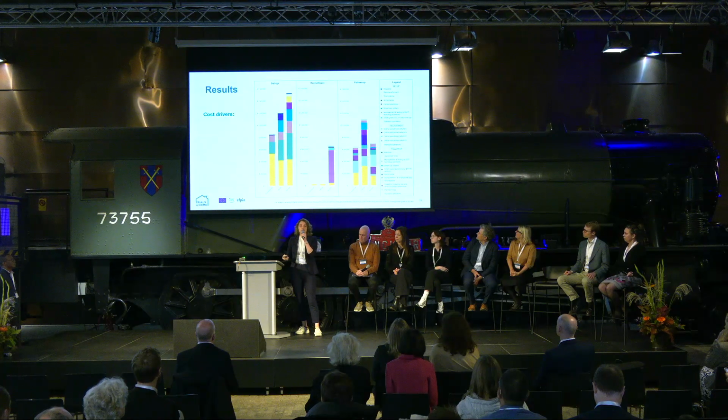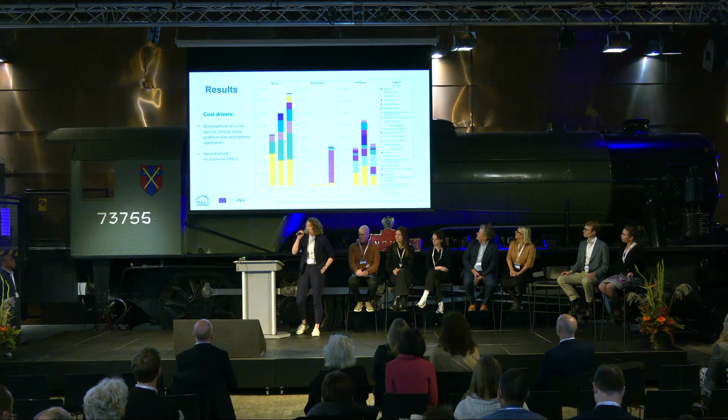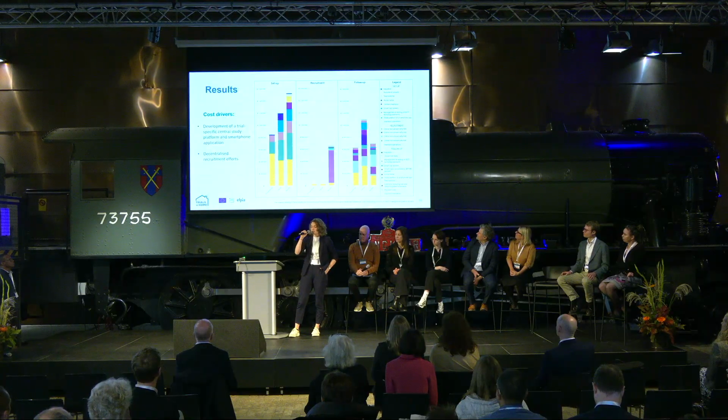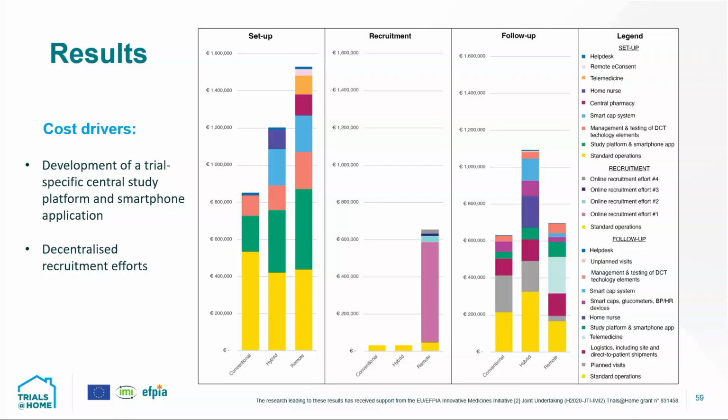And what we found for total costs in the radial trial, the main cost drivers were the development of a trial-specific central study platform and smartphone applications, which isn't just the development of this platform, but also the integration of all the different other types of technology that we wanted to include in this platform, as well as things like questionnaires, etc. And also the decentralized recruitment efforts was one of the main cost drivers of total costs.